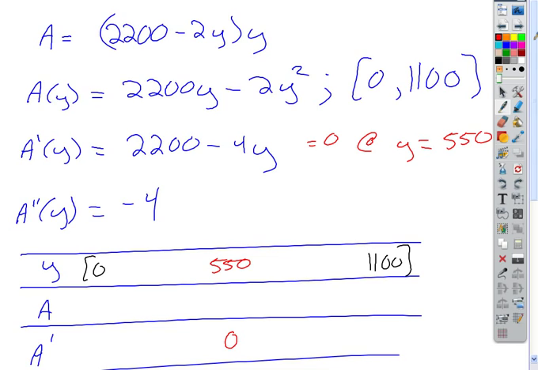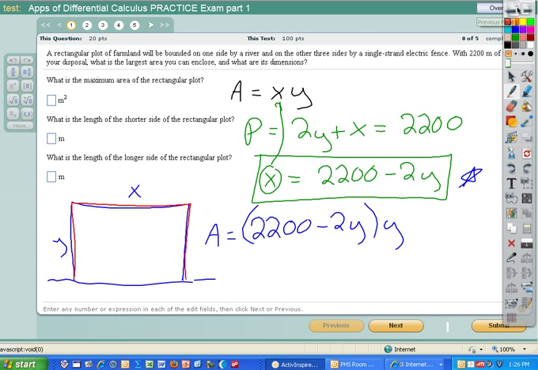If we go back to the actual problem, it wants to know what is the maximum area. Let's find the other dimension. If y is 550, what is x going to be? It's going to be 2200 minus 2 times 550. So x is 1100.